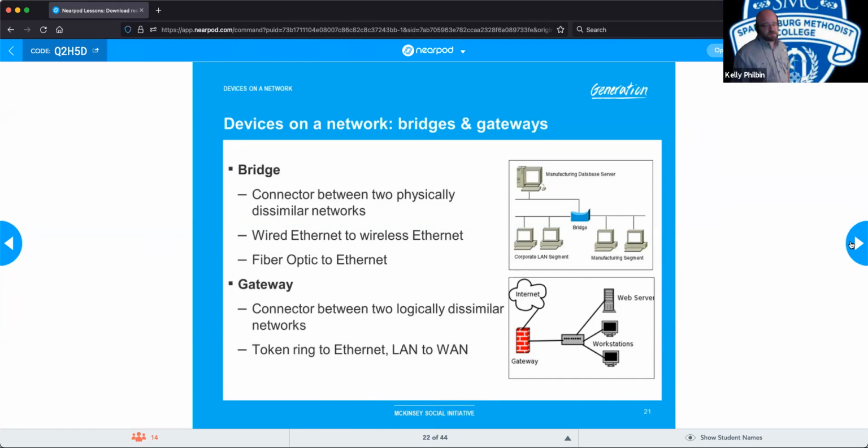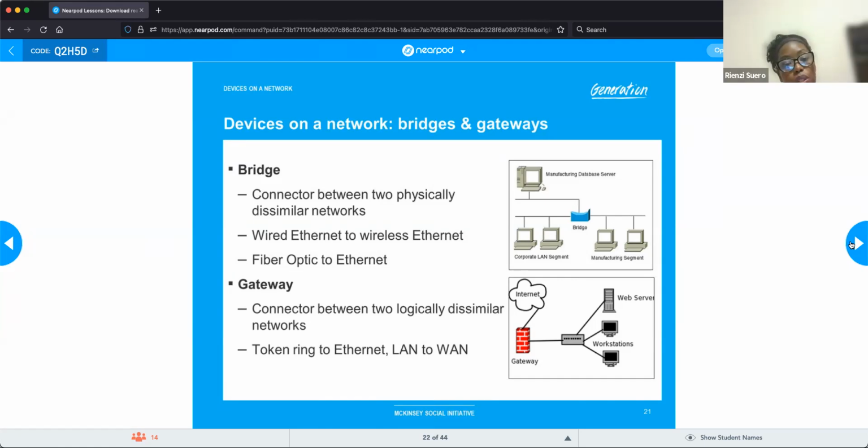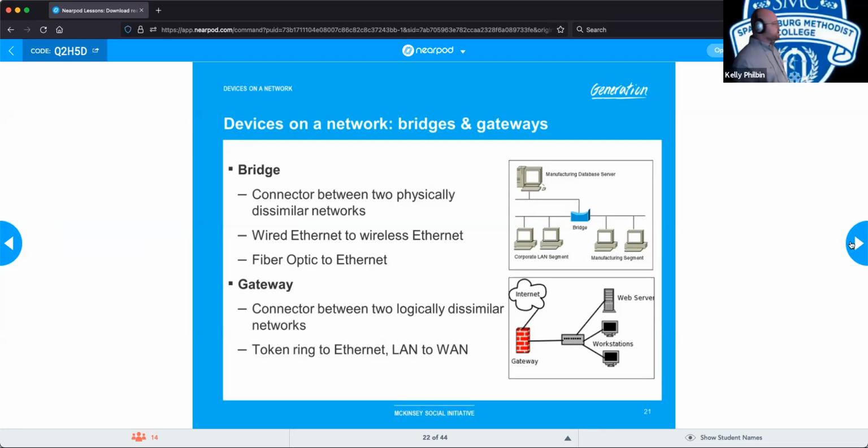Can a router be both a bridge and a gateway? A router and a gateway are pretty much the same thing. A bridge, you could kind of use a router for it, but bridges also can be very specific devices. Bridges are used essentially to change mediums.